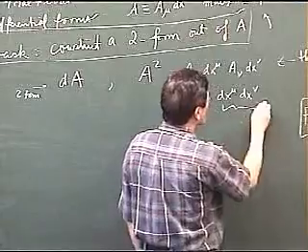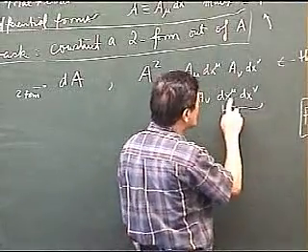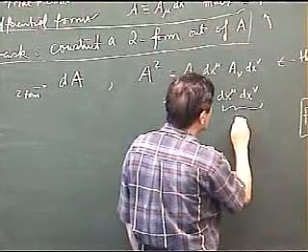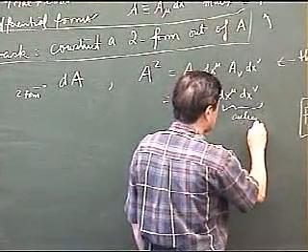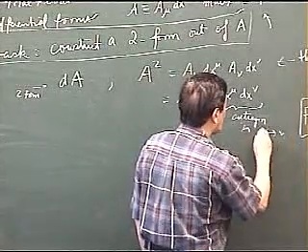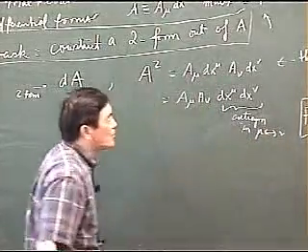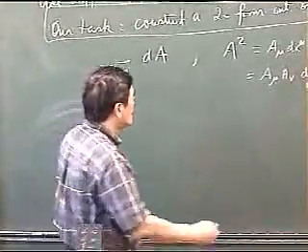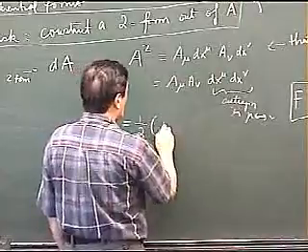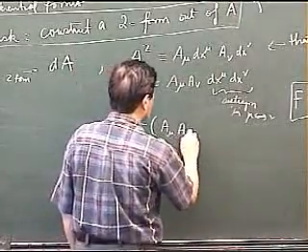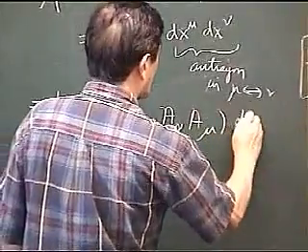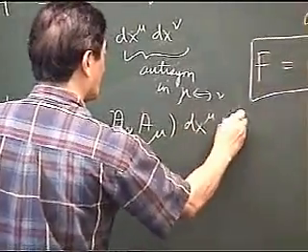But remember that these are anti-commuting objects. So dx mu dx nu is anti-symmetric in mu and nu. If I change the indices mu and nu, it changes sign. So therefore, with the same trick that we had before, we can write this as A mu A nu minus A nu A mu, dx mu dx nu.